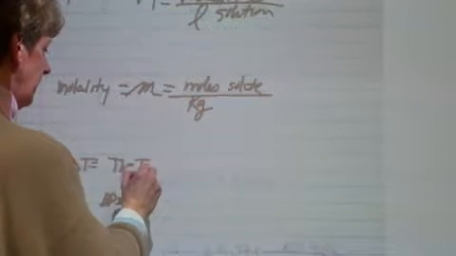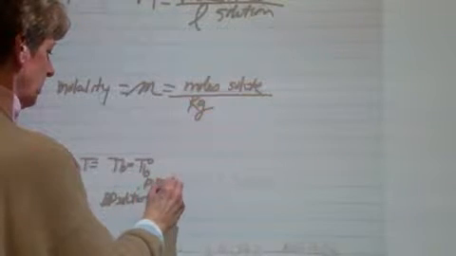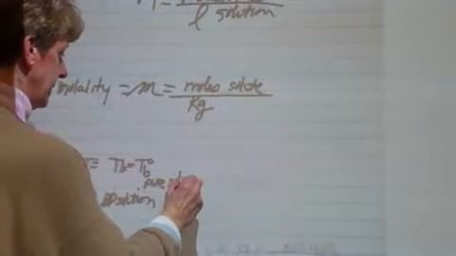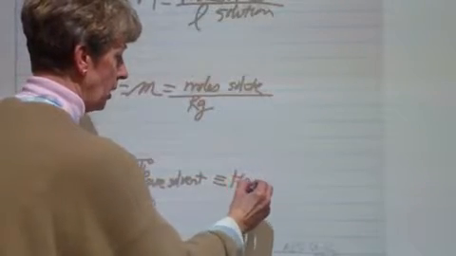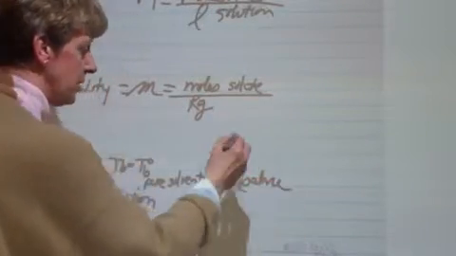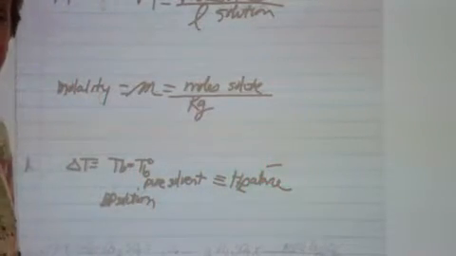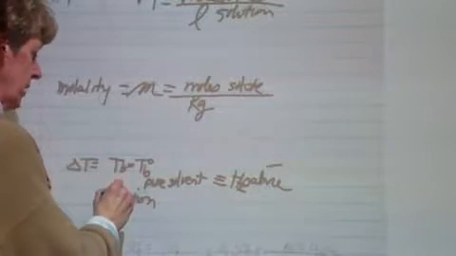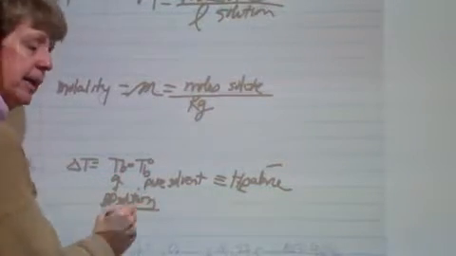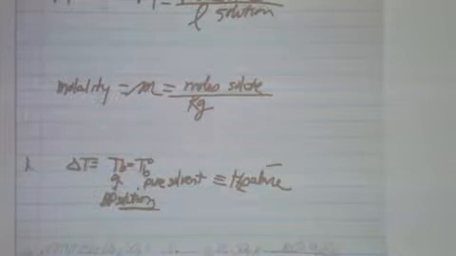Minus the boiling point of your pure solvent. That means just the water alone. So that was your first temperature. And then you boiled again after you had added the salt, therefore you had a solution. So, simple delta T calculation.